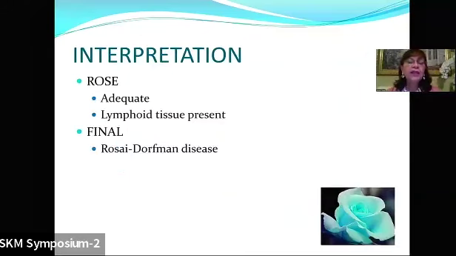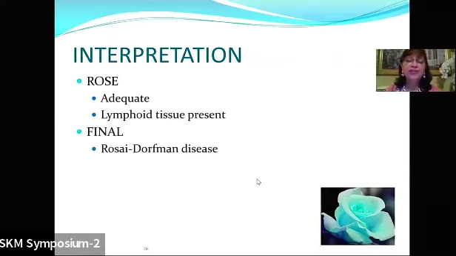So the initial interpretation was adequate, and we saw lymphoid tissue. And of course, we took a sample for flow cytometry just in case. But then the final diagnosis, particularly after seeing the PAP slides, was Rosai-Dorfman disease, and it did fit with the clinical picture.